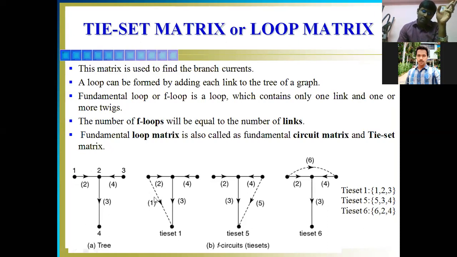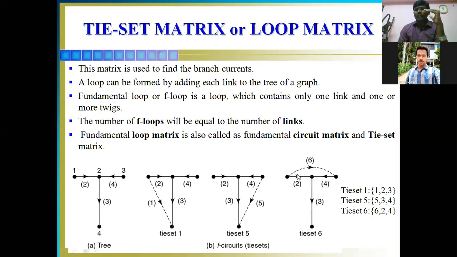If you add the first link, this forms a loop with 1, 3, 2 or 1, 2, 3. Then if you add the second link, number 5, that can form another loop with 3, 4, 5. Like that, if you add link number 6, that forms another loop with 2, 4, 6.